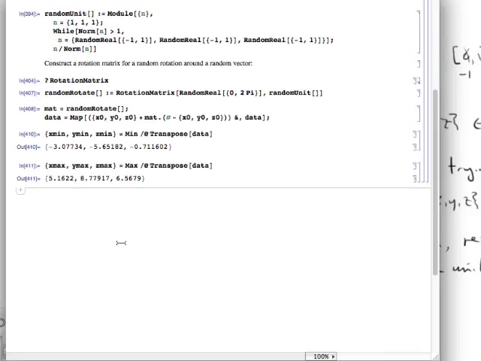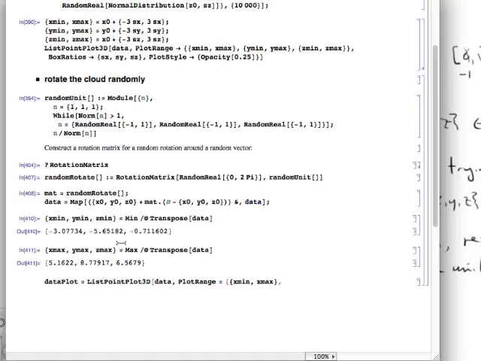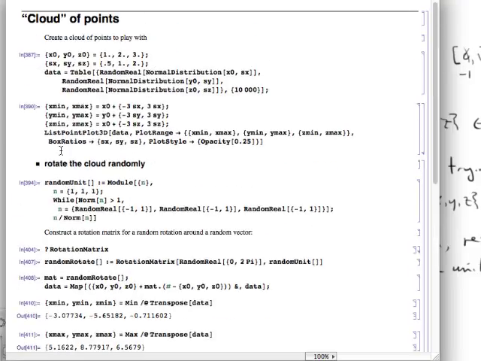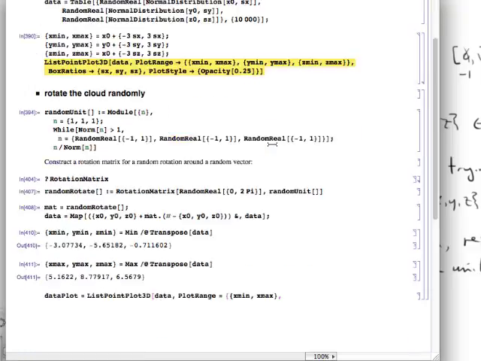And those I'm going to use in doing the plot of the now rotated data using the same list point plot thing. Actually, I think I can just copy that right here, except I don't want to use the box ratios the way that they were before.